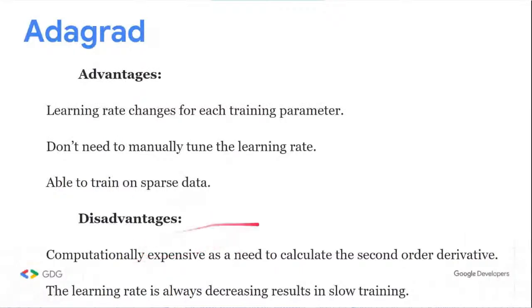One of the disadvantages is that it is computationally expensive, as we need to calculate the second order derivation, and the learning rate is always decreasing, resulting in slow training. So this is about AdaGrad.